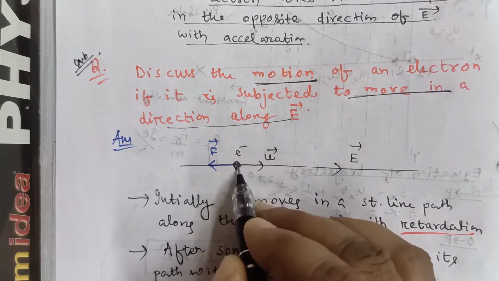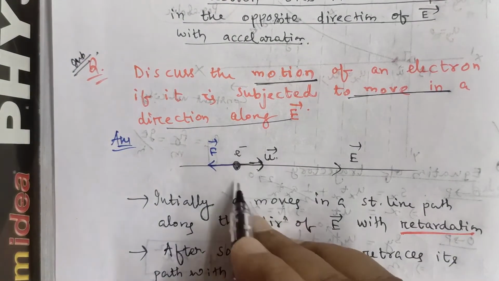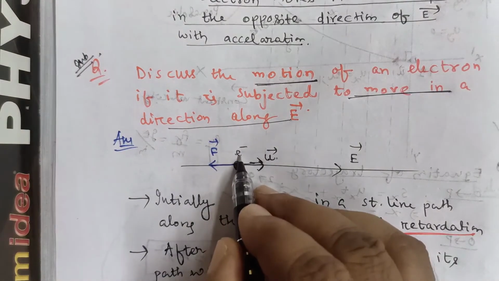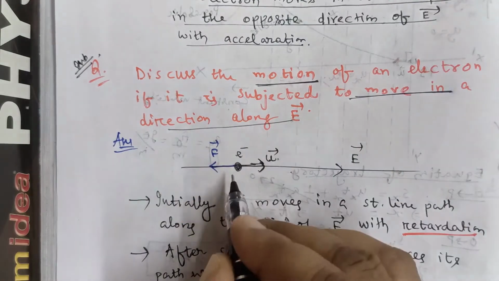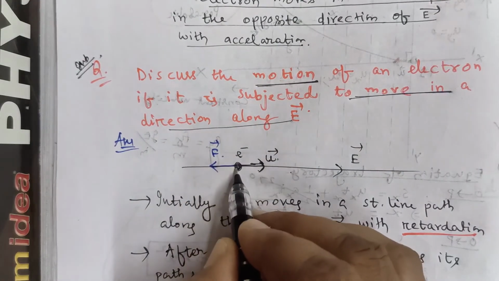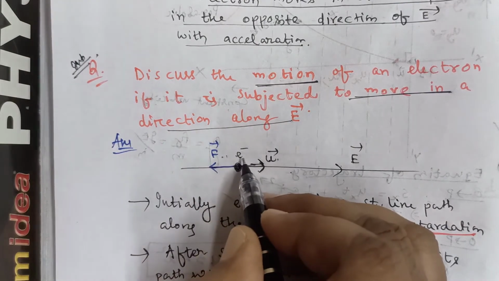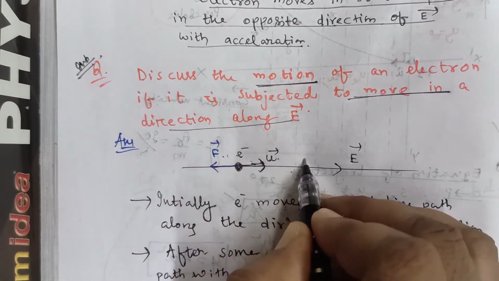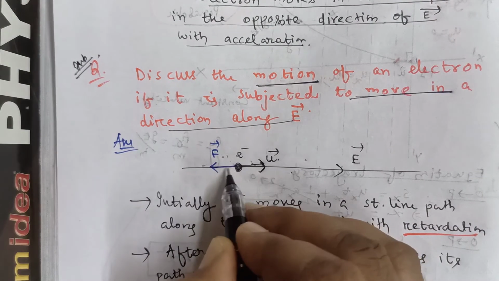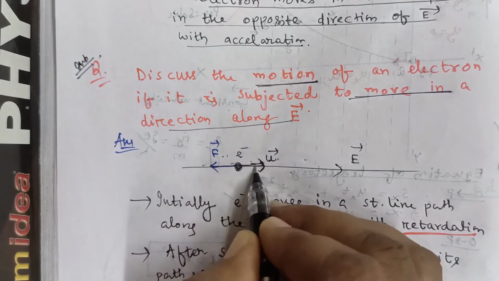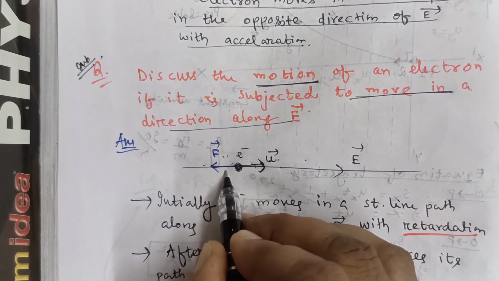Initially the electron is moving with velocity u, but physics says that if the electron is kept in the electric field, instantaneously a force acts on it opposite to the direction of the electric field. That means the electron decided to go in this direction, but the force is acting against it, along the direction of motion. So here the electron is in retardation.